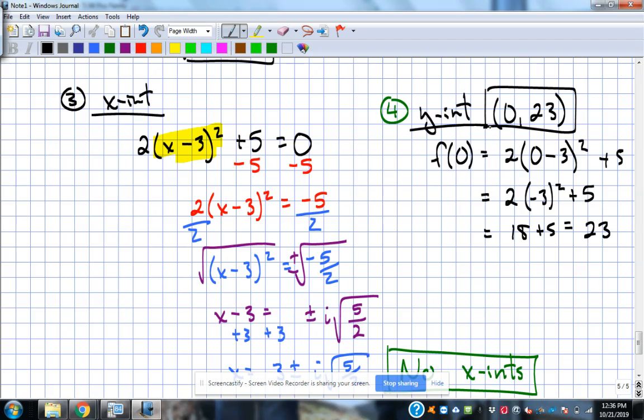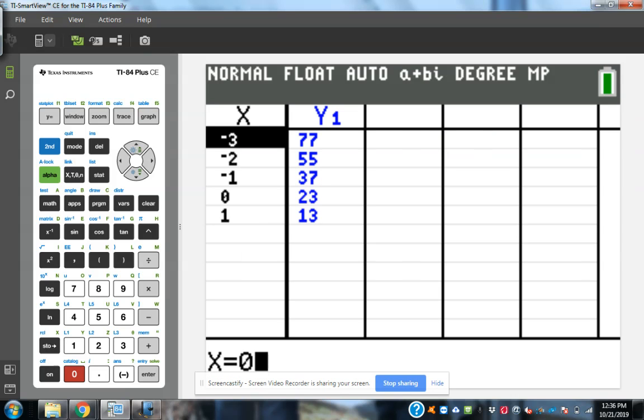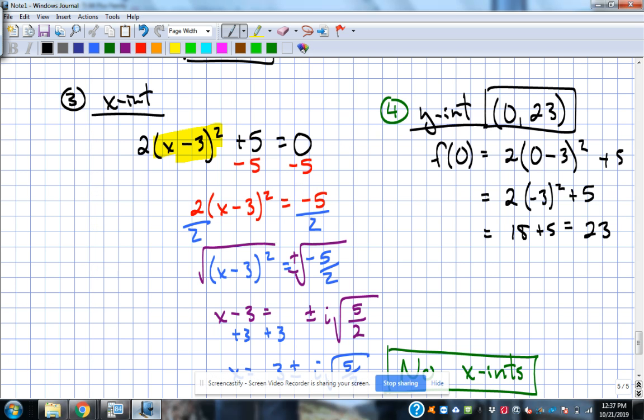If we look at the graph, that kind of makes sense. Notice it's going up and to the left kind of slowly there. If I hit second graph and typed in 0 for x, I get a 23. So that means I did the math right when I did it by hand. Not saying you have to use a calculator to do this, but I'm not saying you have to do it by hand either. So do what's best for you. I'm about the same speed either way.